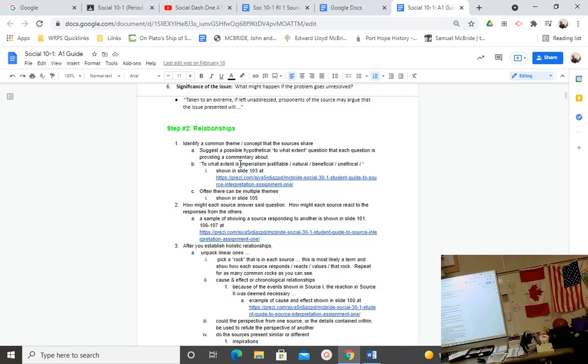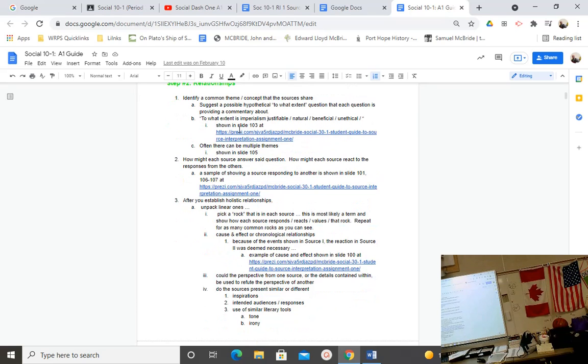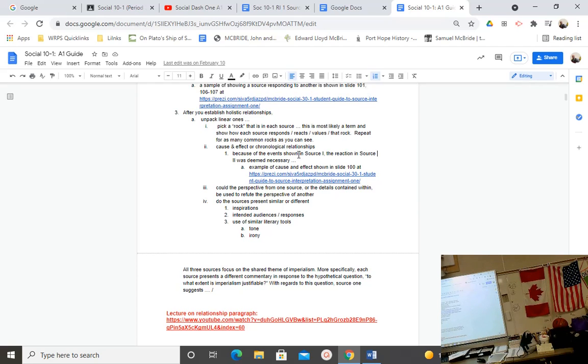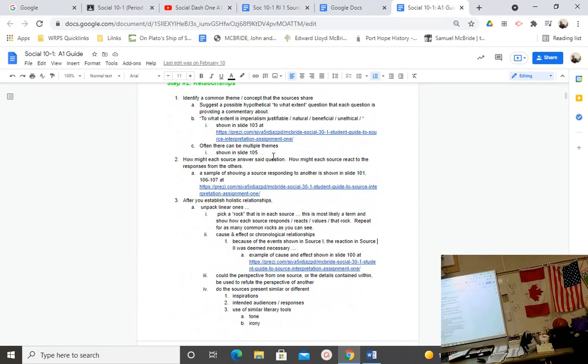To what extent is imperialism justifiable, beneficial, unethical, that sort of thing. But what we're also doing to find step one is we're considering some of step three. Maybe we're looking at common rocks among the sources. So maybe all three of them are dealing with this idea of cultural homogenization.